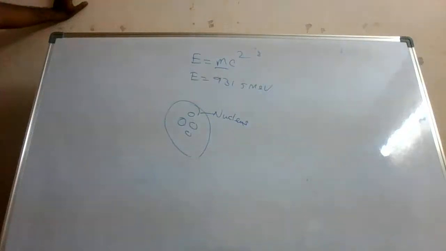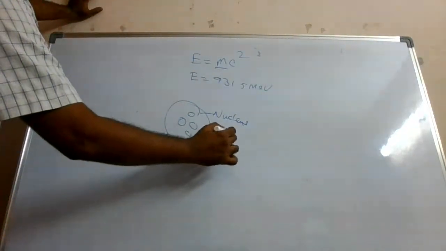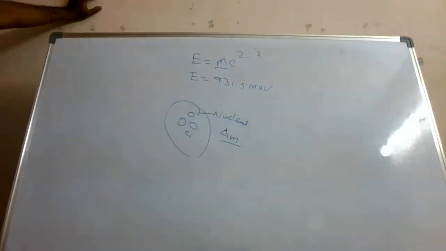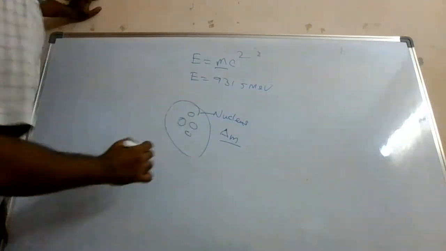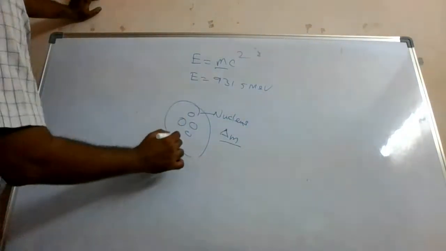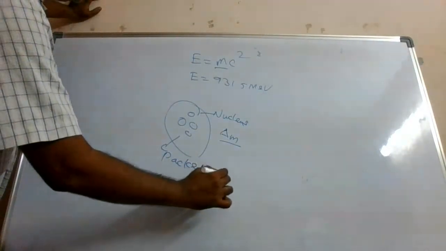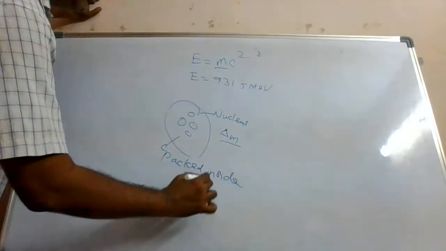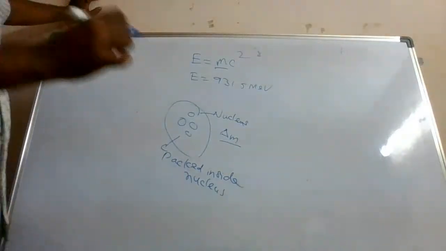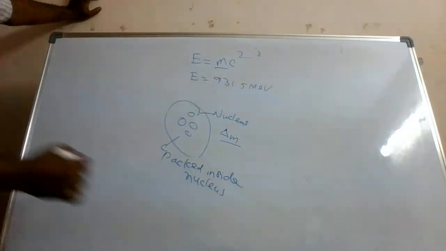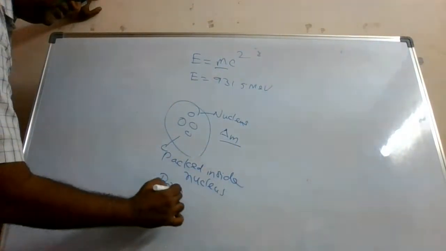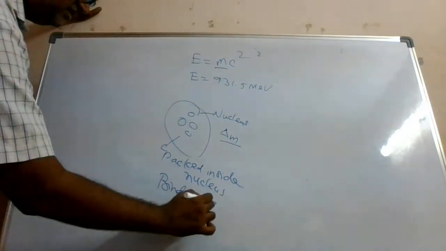Now you have discovered that there is a small mass defect. So these neutrons, protons are not individual, they are packed inside the nucleus. So something must be helping them. That is, there is an energy which is called binding energy.